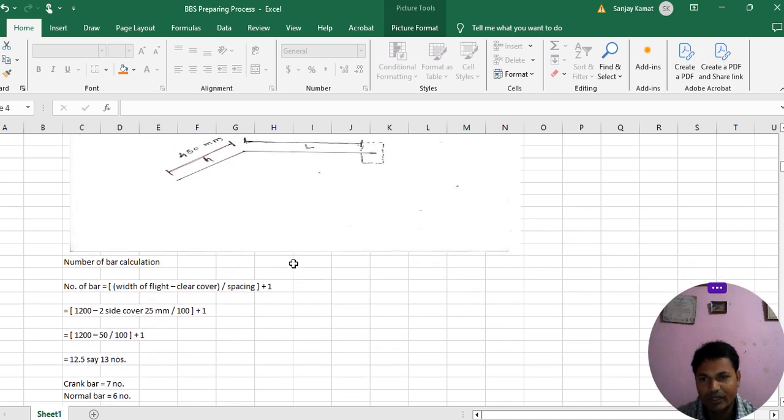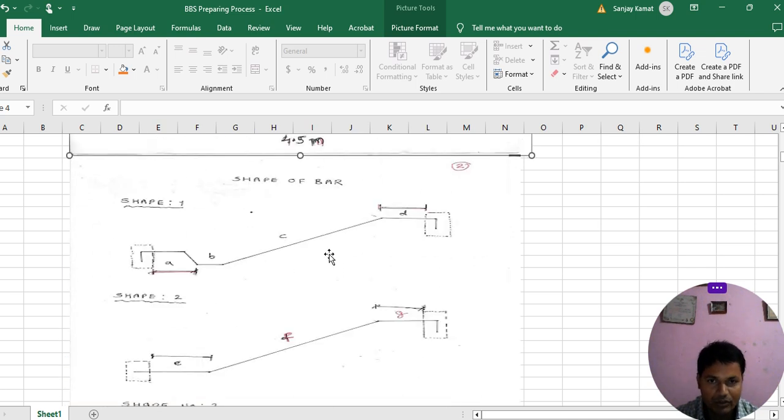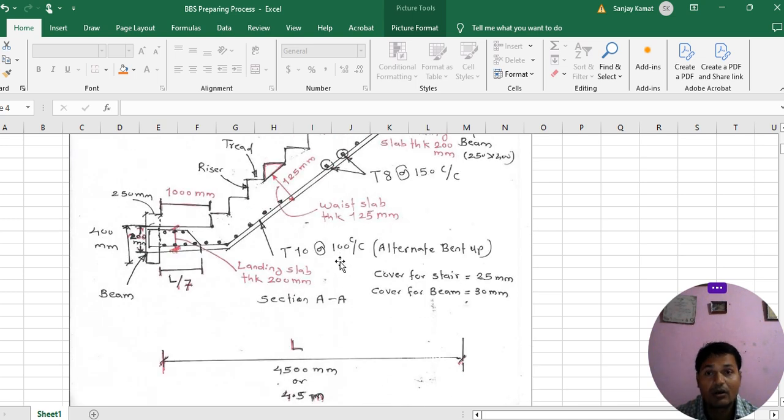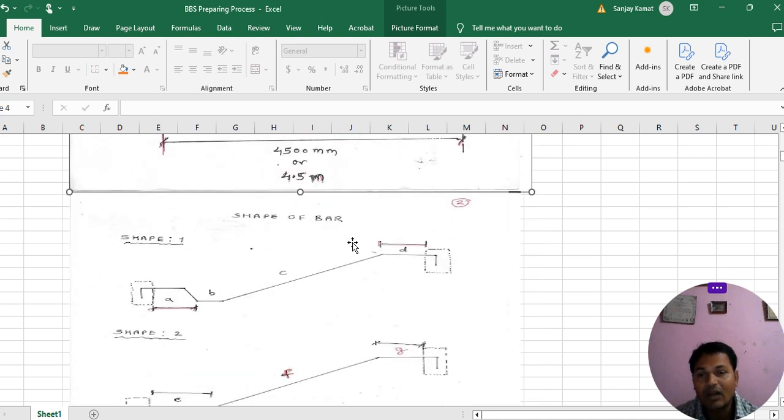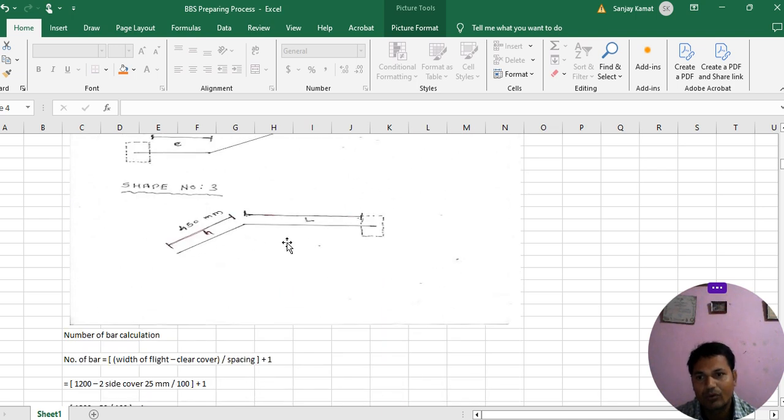Now we are going to calculate the number of bars. Suppose in a staircase we need a different number of bars. So how much bar do we need for this dimension? That is what we are going to calculate.